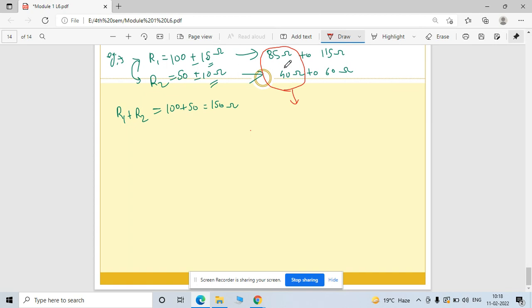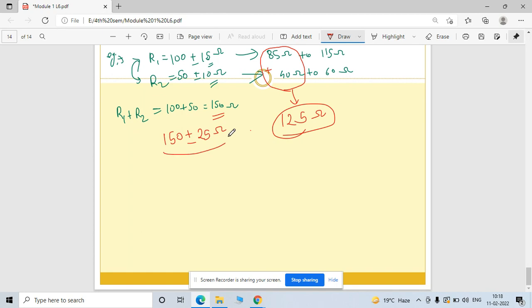The net value is 125 ohm, right? While performing the addition, this is the actual value you will get. But when you neglect this error term, the value is 150 ohm. So I can say the uncertainty present in this 150 ohm is nothing but your 25 ohm, right?